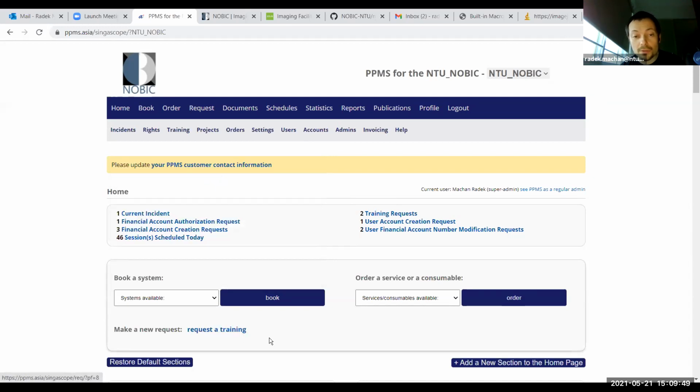And if you want to use a microscope you haven't had the training for, you can request a training here, which will direct you to an online form.